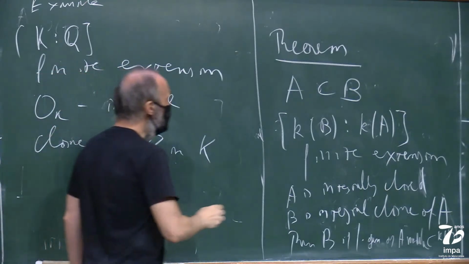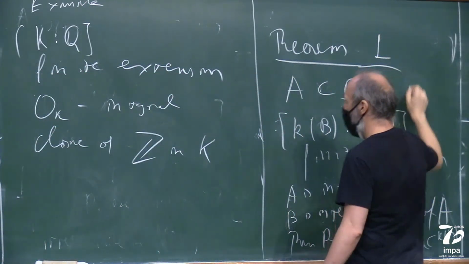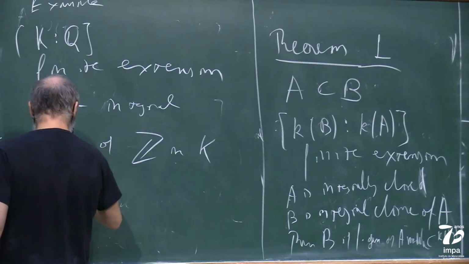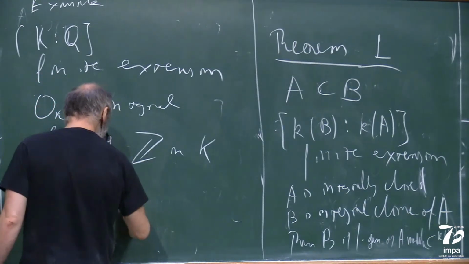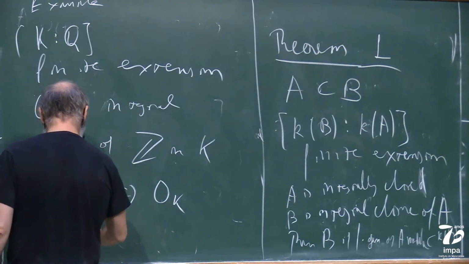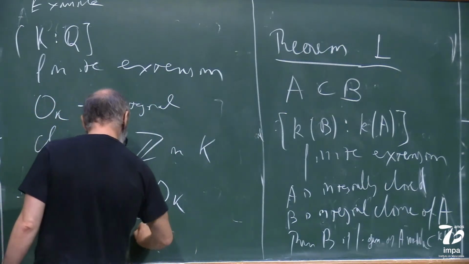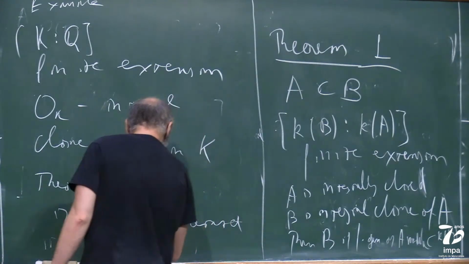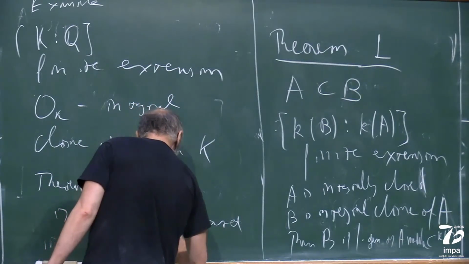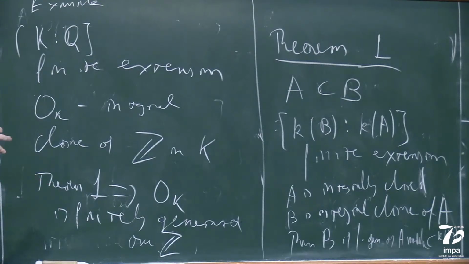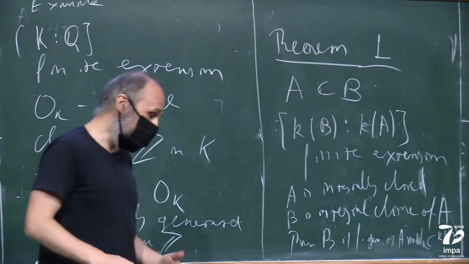And this theorem, let's call it Theorem 1, for instance, implies that O_K is finitely generated over Z. Because it is torsion-free, this just means that it is Z^n as a Z-module, by the classification of finitely generated abelian groups: Z-modules are the same as abelian groups.